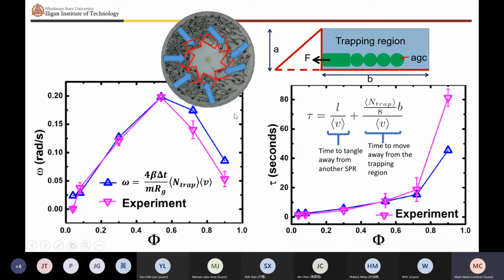Basically, we just modeled the momentum transfer of the particles to this region. We called it the trapping region of the gear. And if you properly account how many of them there are at a given time, this equation fits the experimental data very well. But again, our goal here is not so much the nature of omega, but rather the causes of these fluctuations in the net drift.